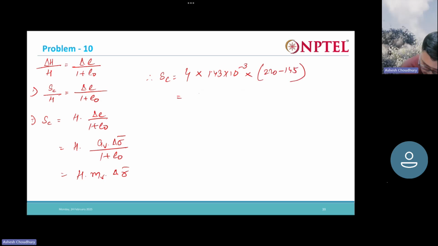We get 0.438 meter, or 43.8 centimeter. So directly from MV we can calculate. Settlement is equal to H, the thickness of the clay layer, times MV, the coefficient of volume compressibility, times the increase in the effective stress. That gives us the settlement.